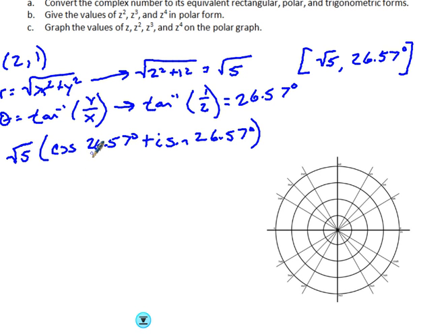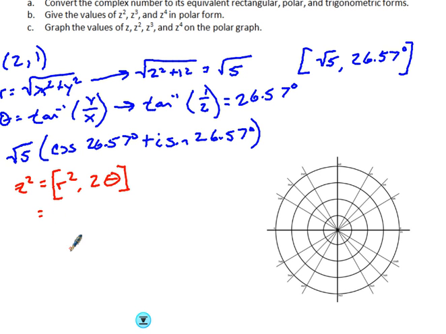Part B is the next value that we want, and that's z squared, z cubed, and z to the 4th. To do those guys, you might remember de Moivre's theorem, and that's saying that what you want to do, for example, with z squared is you want to take the radius and square it, and take the exponent 2 and multiply it by your theta.